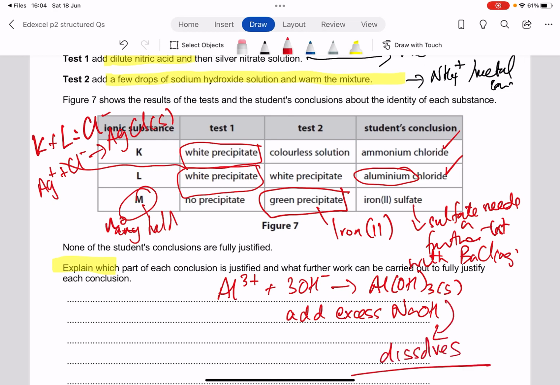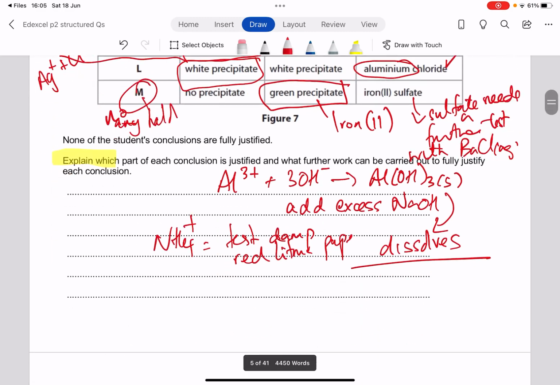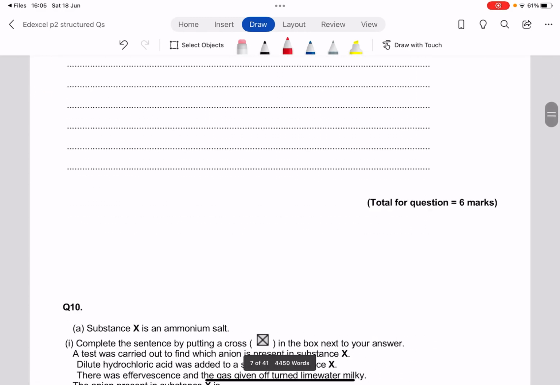So that would confirm that. What about ammonium? You would warm the mixture for ammonium ions. However, you need to test with damp red litmus paper. So we've already looked at this. The litmus paper should turn blue. That proves it's ammonia. Okay. Now, what else?